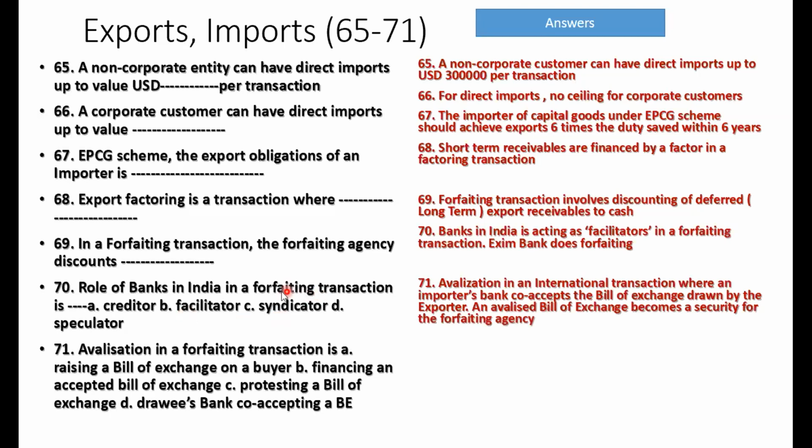In a forfeiting transaction, they will use the word avalization. Avalization is nothing but co-acceptance. Avalization is the foreign word; we are calling it co-acceptance. Always co-acceptance, who will do it? The buyer's bank only will do co-acceptance. The seller's bank will do negotiation. The buyer will accept, and the buyer's bank will co-accept.